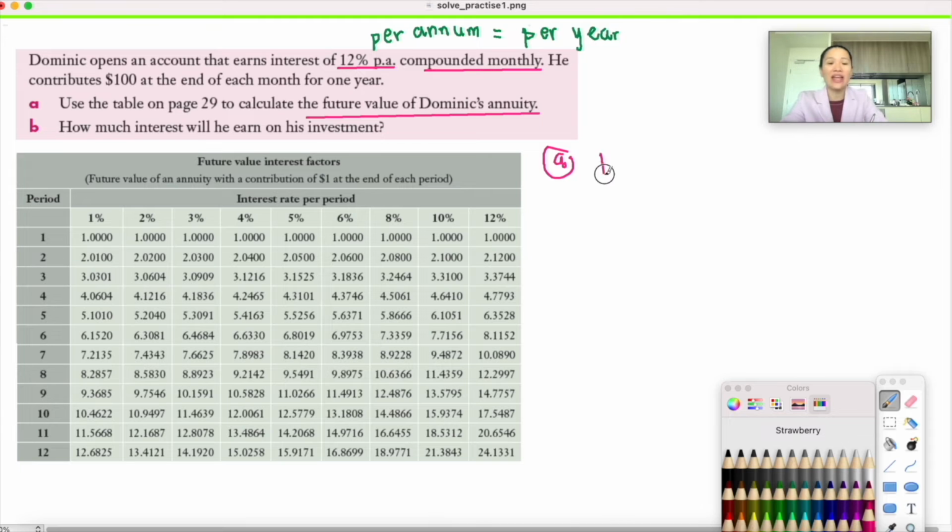We know that the interest rate here is 12% per annum, but they compound monthly. 1 year you have 12 months. So that means the rate for 1 month, you need to divide it by 12. So your rate equals 1%. Yeah. Next one, I would like to find the period.